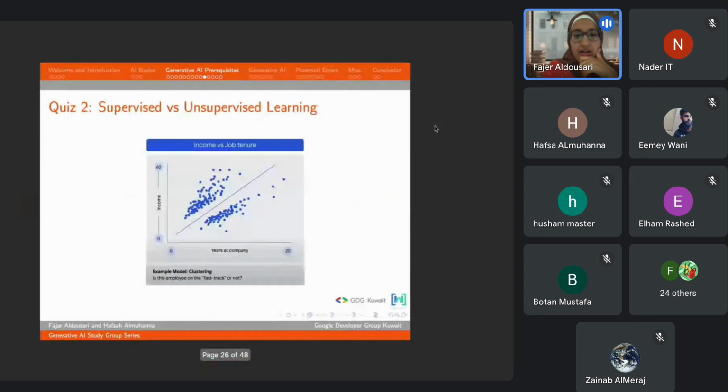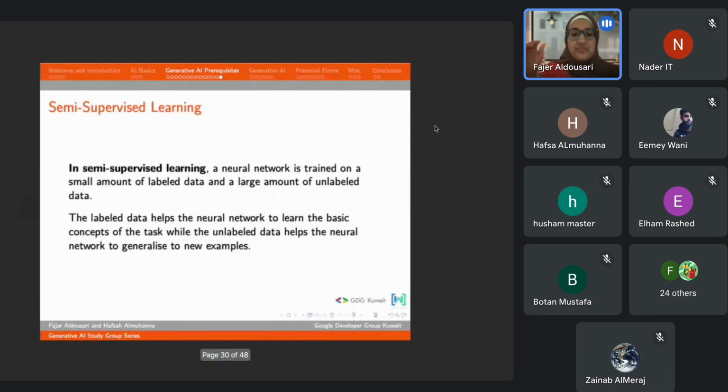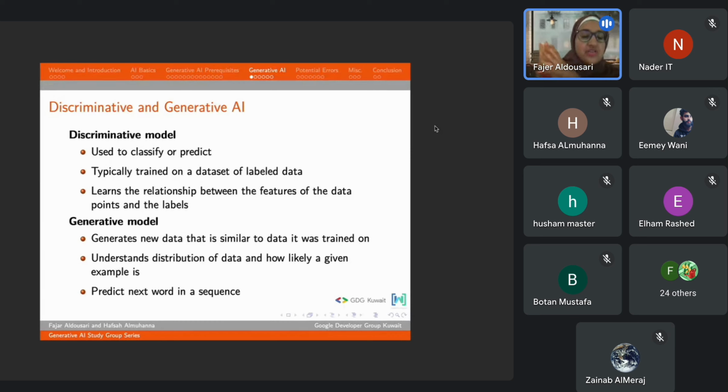So generative AI generates new data. Can anyone tell us what field they think generative AI would be useful in? Is there anything you can think of? Feel free to unmute your mic if you'd like to say something about this.